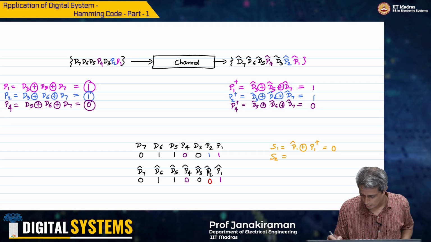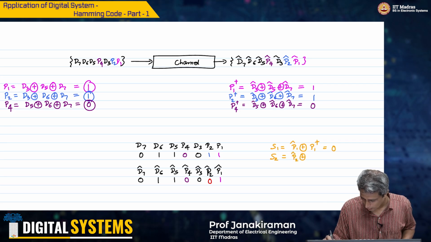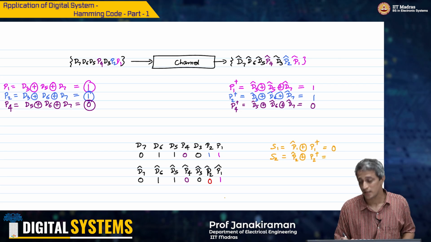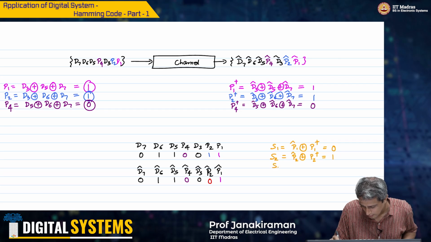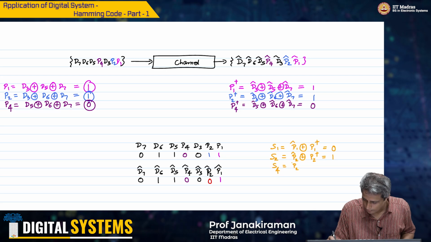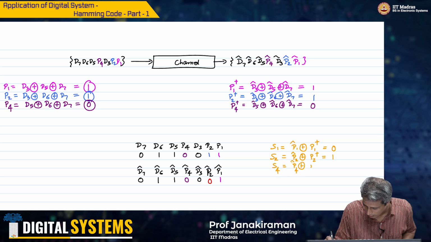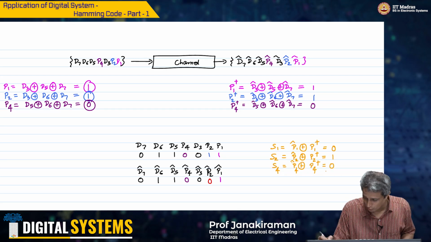S2 is going to be P2 hat XOR P2 dagger, and that is what is in error now. So you will get 1 here, and S4 will be P4 hat XOR P4 dagger, and therefore that will also be 0.